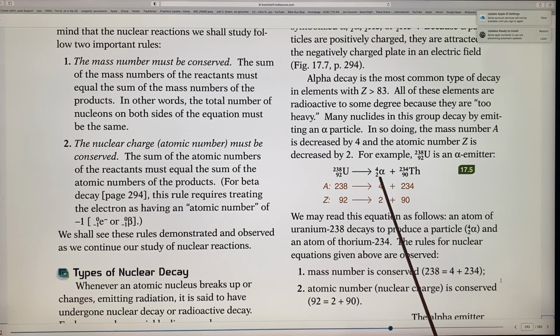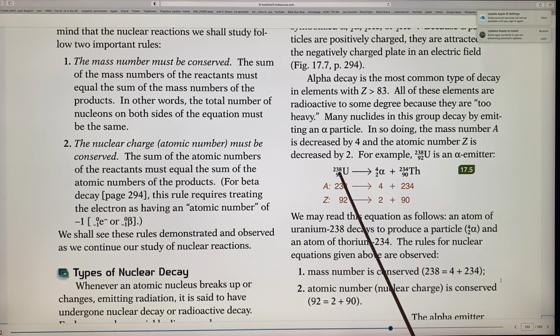It's going to emit a helium or alpha particle, whose weight is 4, with 2 protons and 2 neutrons, and its atomic number, or positive number, which is protons, would be 2.